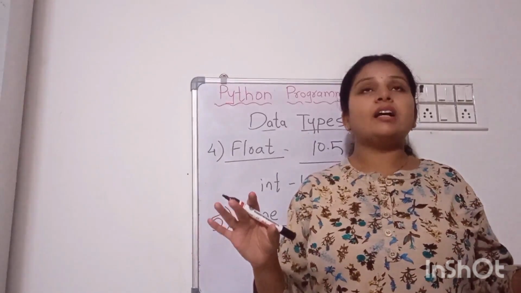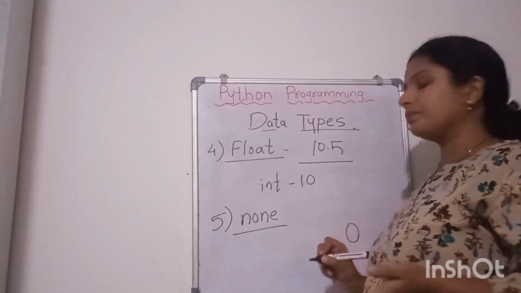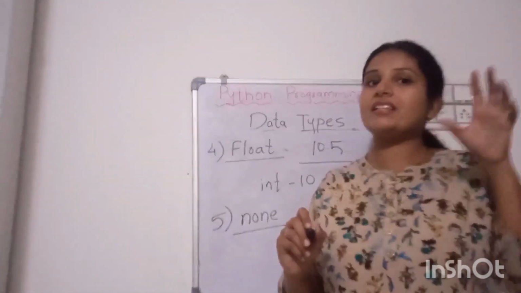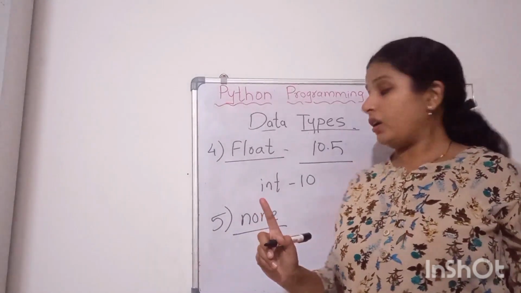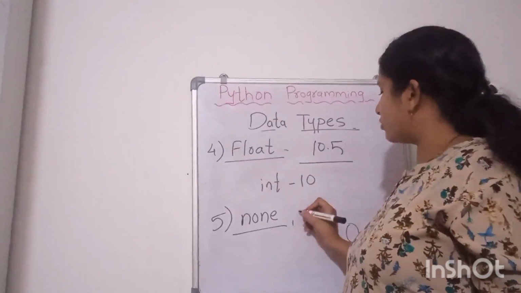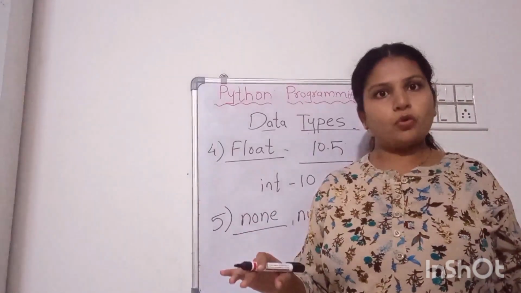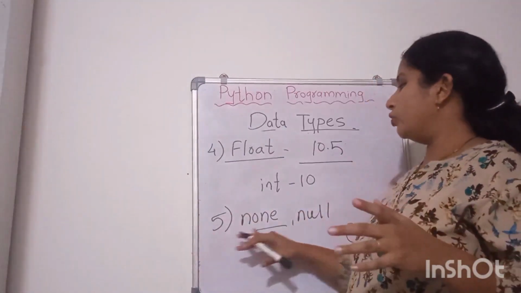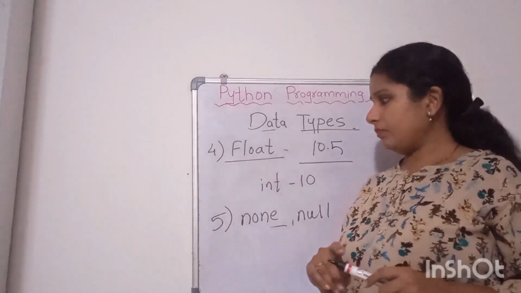Now you can say that if you want to say nothing, you can always say 0, right? But no, 0 is still a value. You can't use 0 to represent nothing or none. In another programming language, you can also go for null. Null is also the same, nothing. So when it comes to no value, nothing, then you declare the data as none.